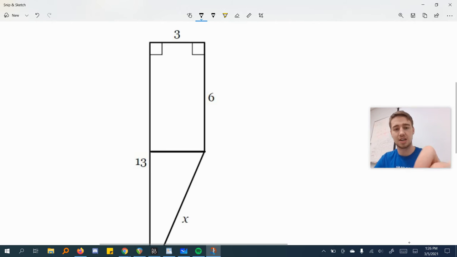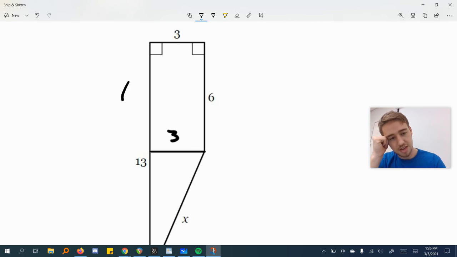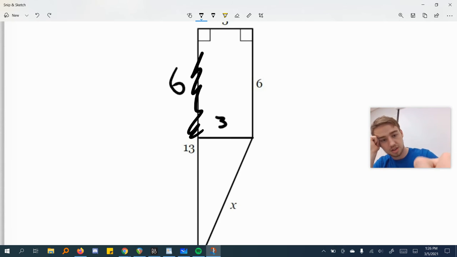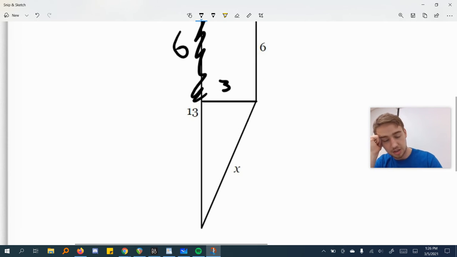We know this is 3, and we know that this is 6. So the rest of the 13, when you take away the 6 on top, is 13 minus 6, which is 7.